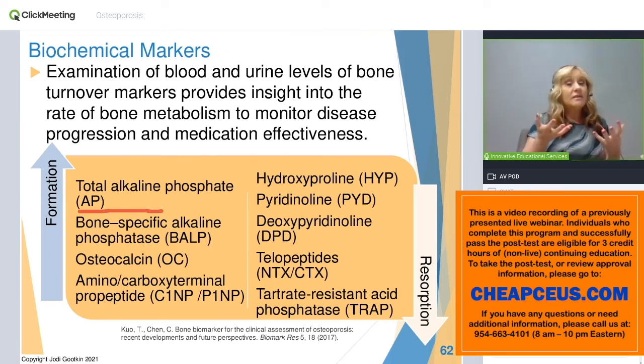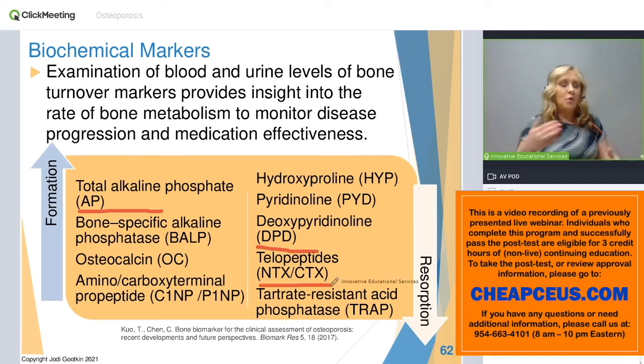We want to see high levels of those values. And then we want to see lower levels of those markers that are indicative of bone resorption. If we see significant high levels of those enzymes that activate those osteoclasts to break down the bone, it might be concerning that the individual is presenting with osteoporosis.